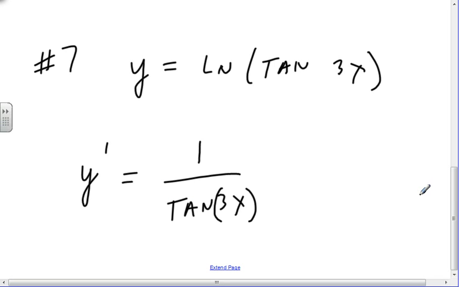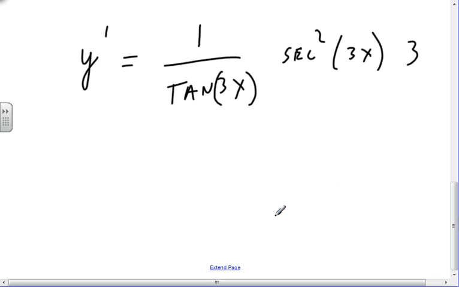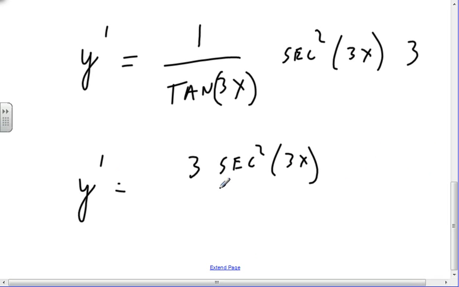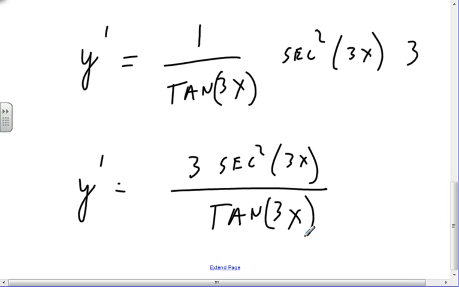So we move back 2 sections and find that the derivative of tangent is secant squared 3x times the derivative of 3x, which will be 3. Okay, so my final answer would look like 3 secant squared 3x divided by tangent 3x. And then I'd ask myself, can that be simplified any? And I'd probably say, I really don't care, I'm done, and that'd be good enough.